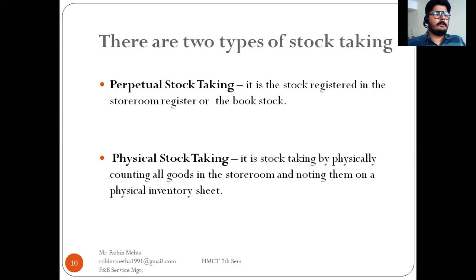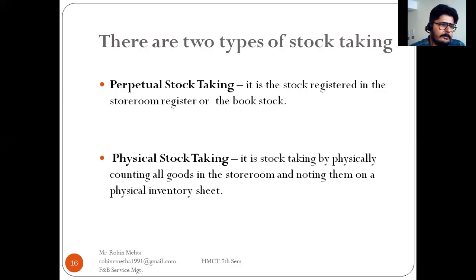We just open the register in which we put all the entries at the time of receiving, and from that we minus the issued items, and we get the stock in hand or inventory list.